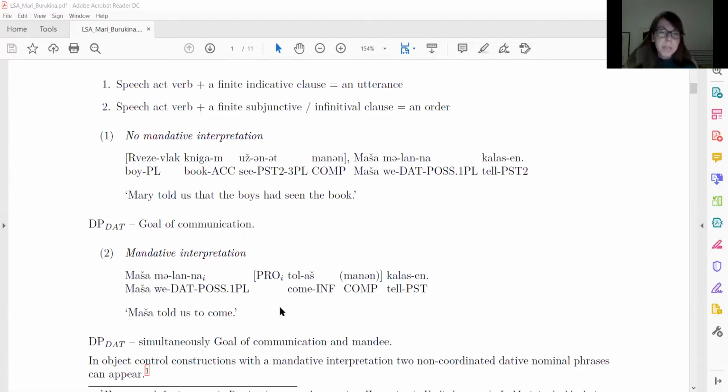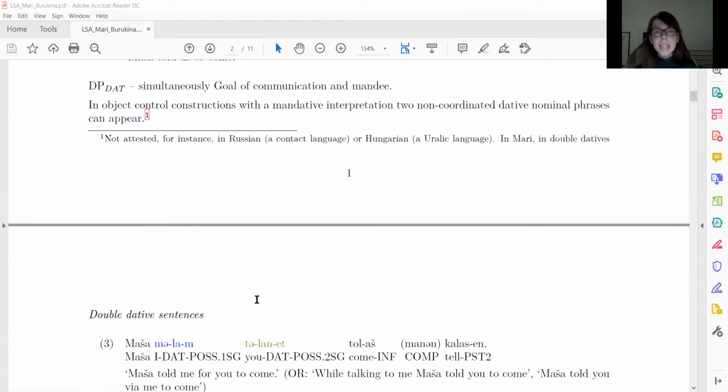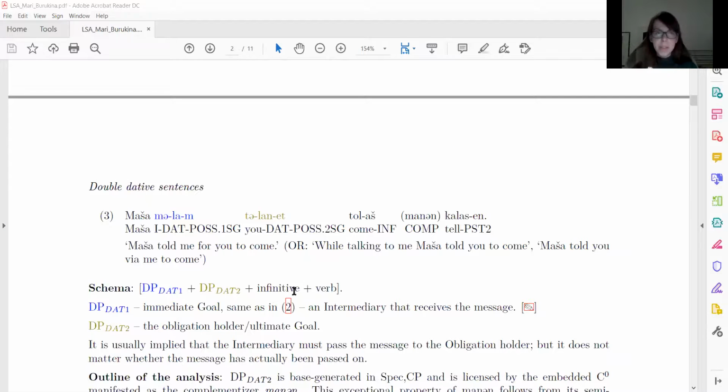What is interesting about Mari is that in constructions with a speech-act verb and this mandative interpretation, with an embedded non-finite clause, two dative DPs can suddenly appear, and they are not coordinated, and they have quite different properties. You can see an example in 3: Masha, me dative, you dative, to come, told.